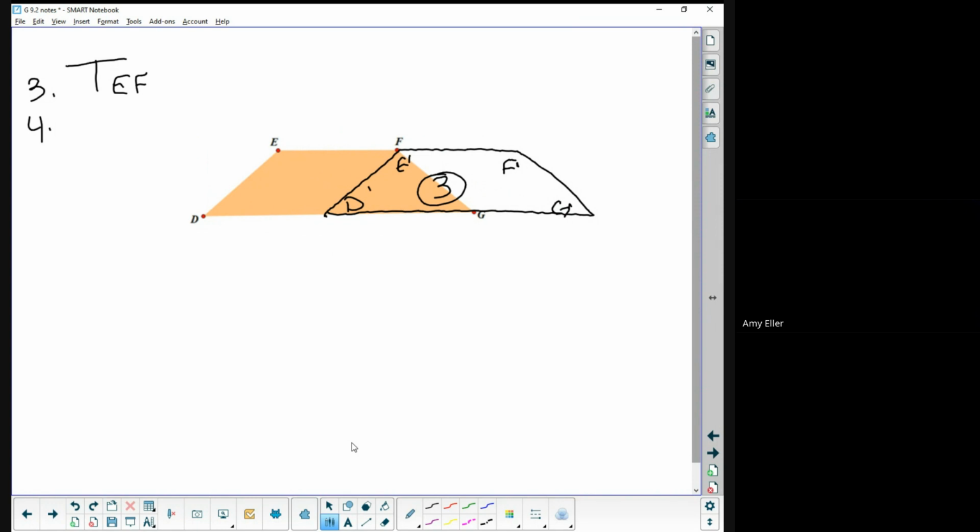Question number 4, same image. Let's go with translate GF.